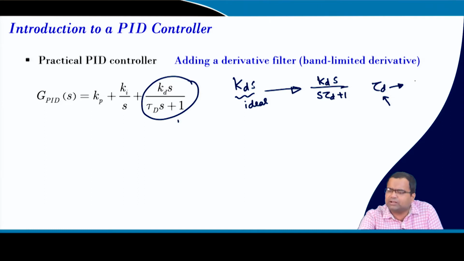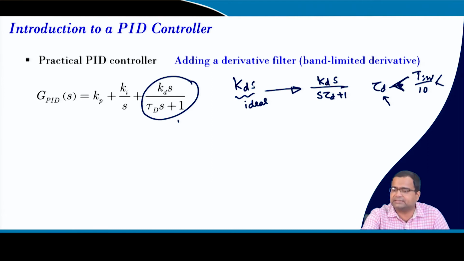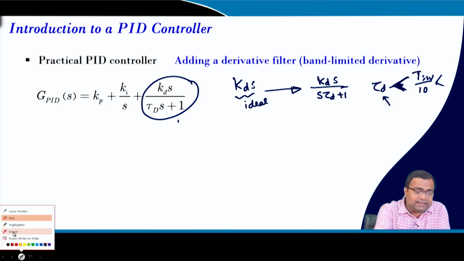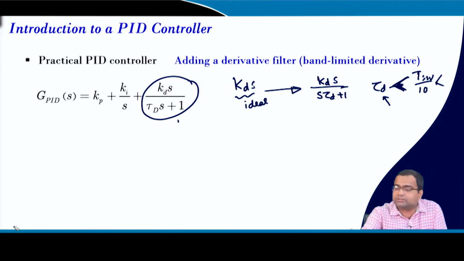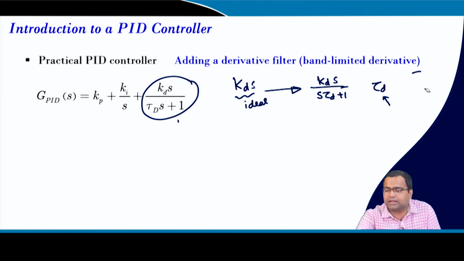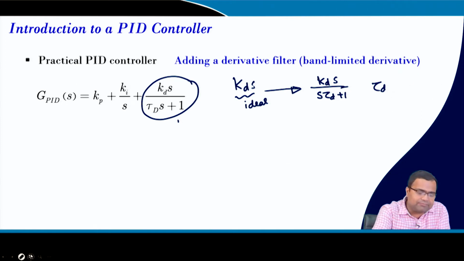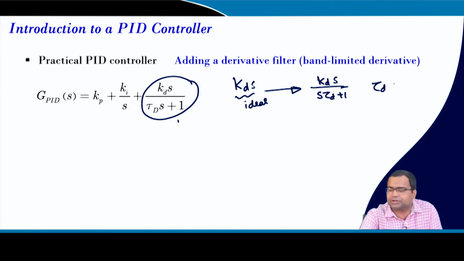Generally tau d is taken like TSW by 10 or TSW by 20, something like that. But it is again the designer's choice whether it is possible to implement it or not. So, we need to be careful about the choice of tau d. It should be much smaller than TSW.